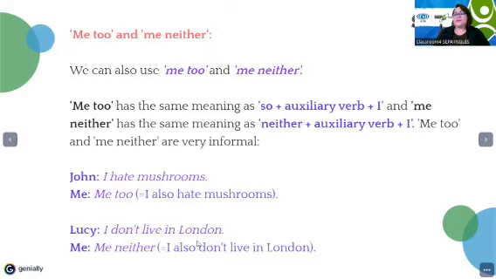But it's important that you notice that all the structures are equivalent. And finally, we can say me too or me neither, and that's it. But it's not the only form to answer. So it was necessary that you had the knowledge of the previous structures. And finally, you understand that we can speak this way, in an informal way.